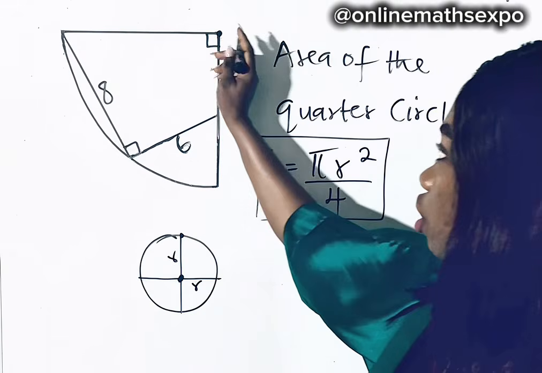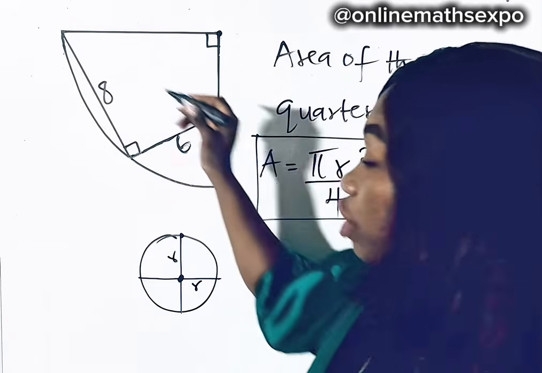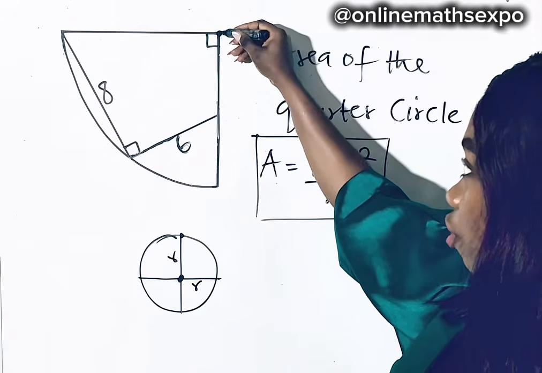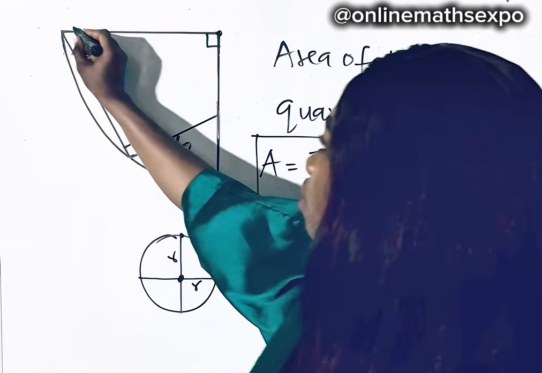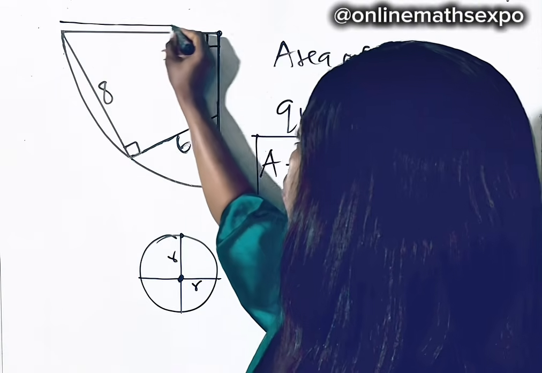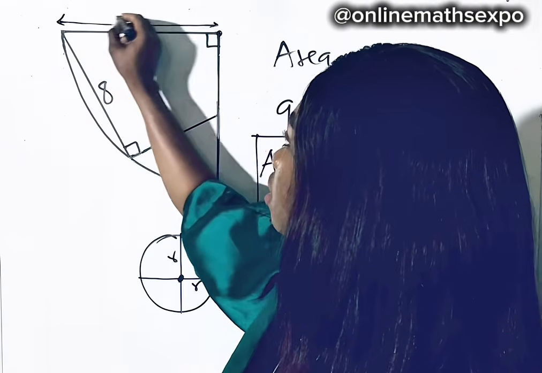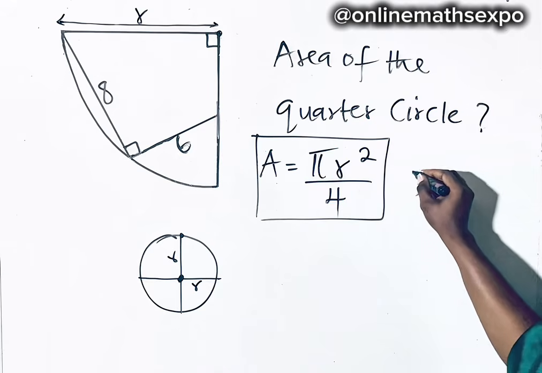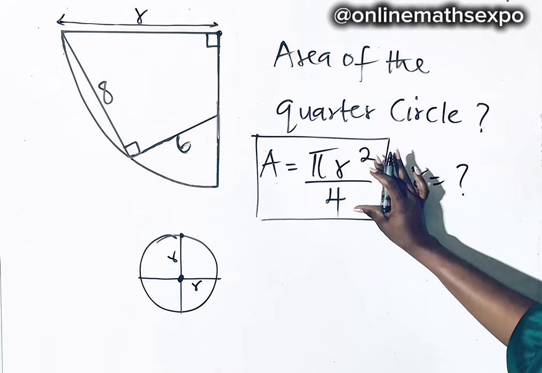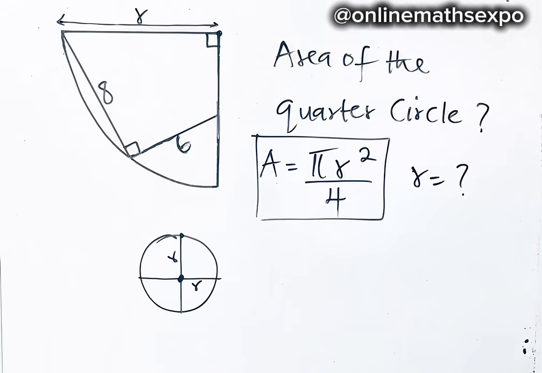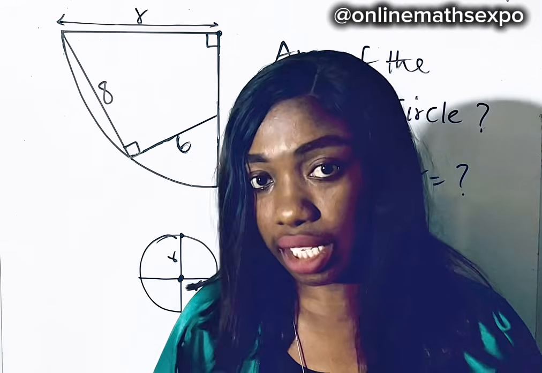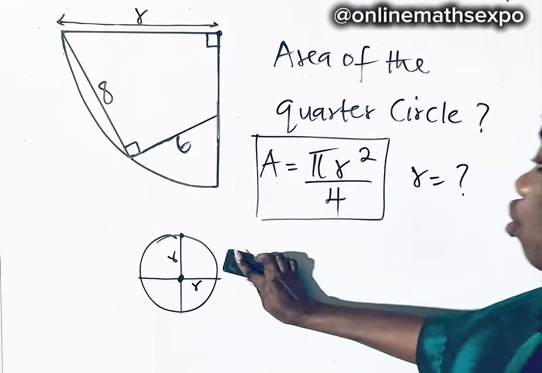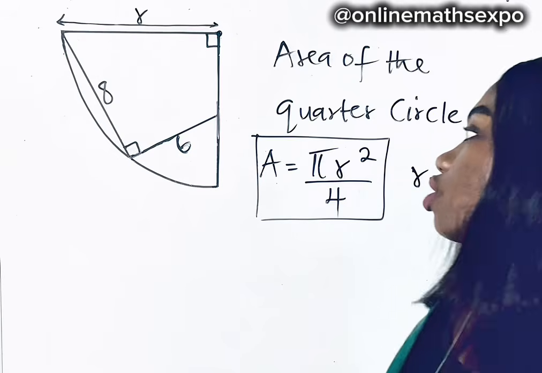So let's label this part r. If that is the radius, then we need to find the radius just to find the area of this quarter circle. How do we do that? I will show you.